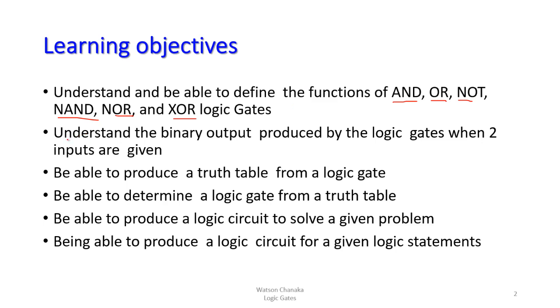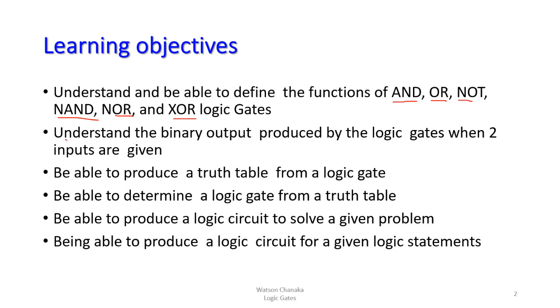The other objective is to understand the binary output produced by the logic gates when two inputs are given. Then another objective: be able to produce a truth table from a logic gate, be able to determine a logic gate from the truth table, and be able to produce a logic circuit to solve a given problem.